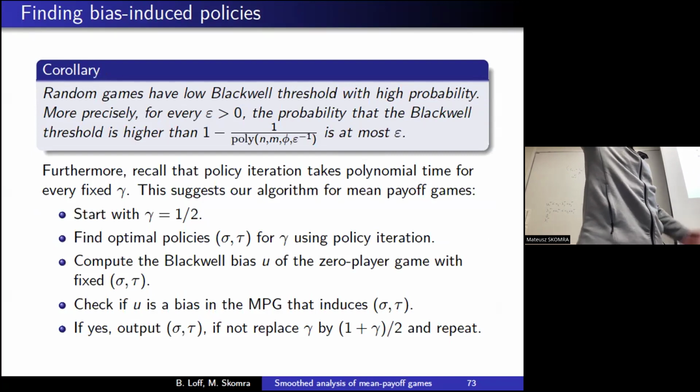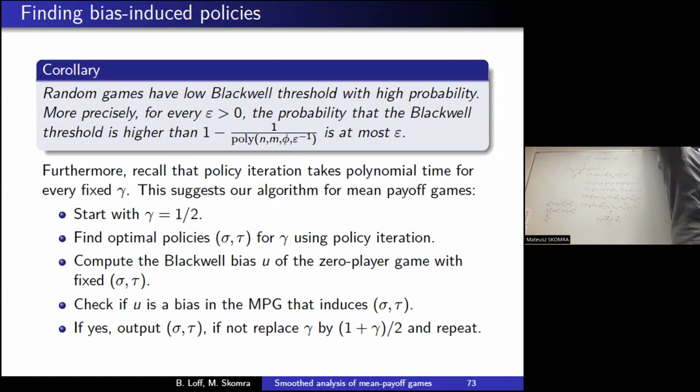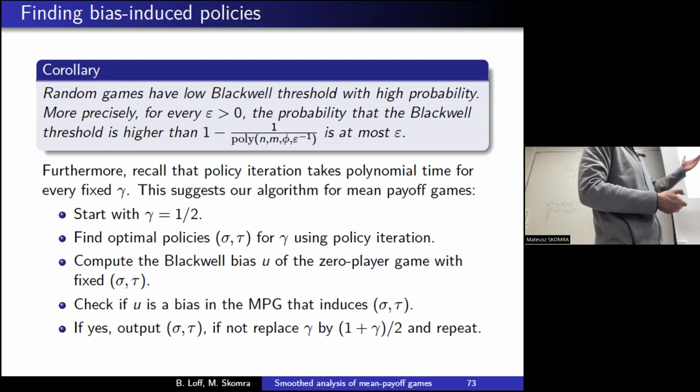If you want to do that in a systematic manner, because you don't know this quantity at the beginning when you are given a random game, maybe you could guess what the Blackwell threshold should be or have some estimate, but you can also do something like this, which we proposed in the paper.